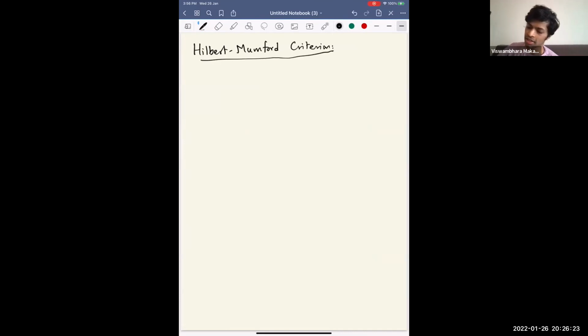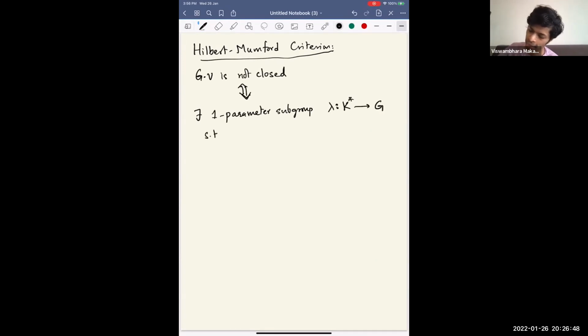The criterion says that your orbit is not closed if and only if there exists what's called a one parameter subgroup, and I will explain what these things look like in any one case, such that the limit as t goes to 0 of lambda of t v is not in the orbit.